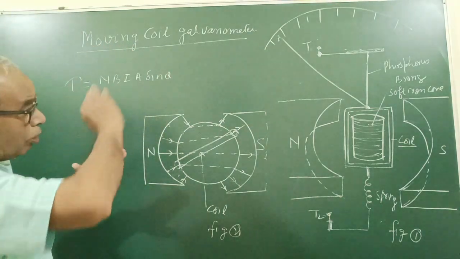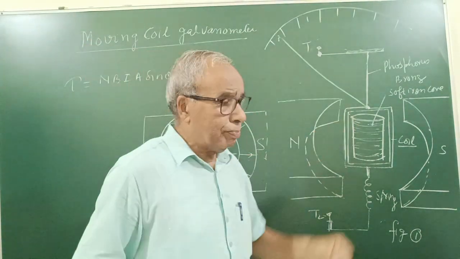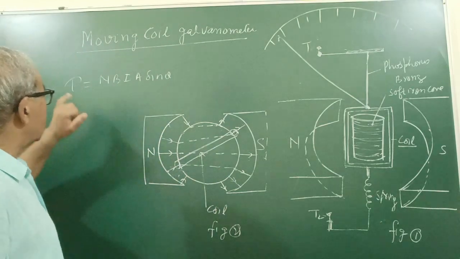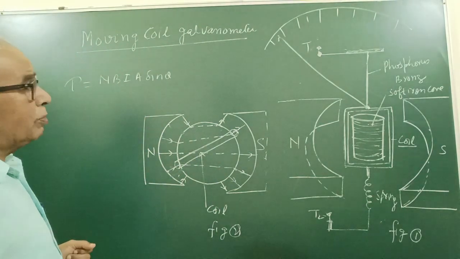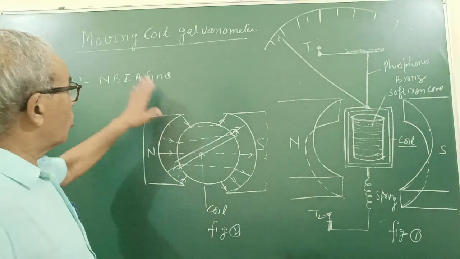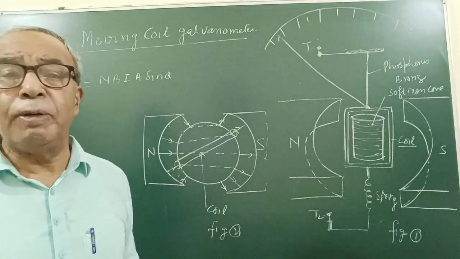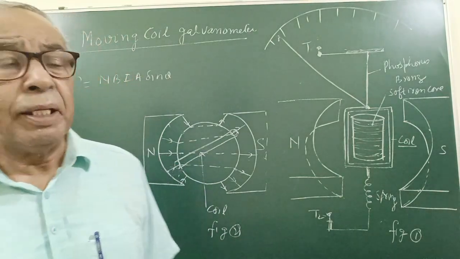This torque will twist the coil, but if theta changes, the torque changes. If theta becomes 0, the dipole moment is parallel to the field, the torque becomes 0 and it will not give any deflection.